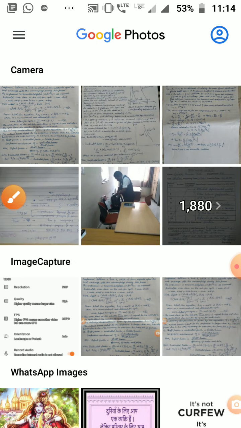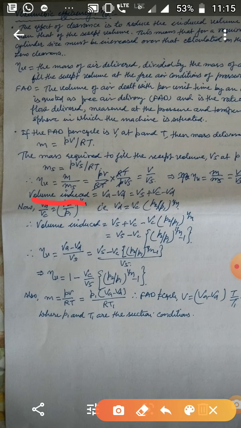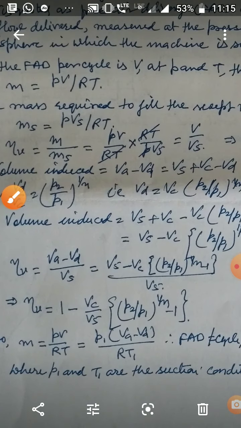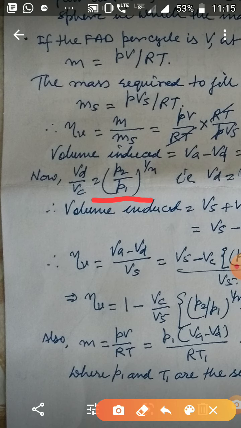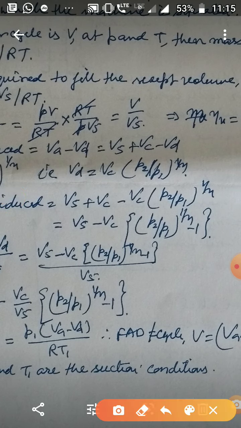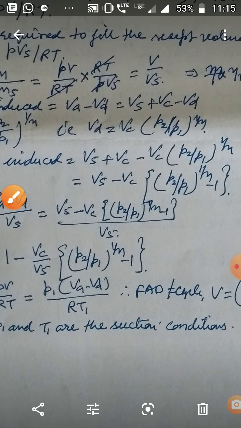So the induced volume can be written as Va minus Vd equal to Vs plus Vc minus Vd. Now the ratio of the volumes Vd by Vc can be written as (P2 by P1) whole to the power 1 upon n, that is Vd equals Vc (P2 by P1) whole to the power 1 upon n. Now the volume induced is equal to Vs plus Vc minus Vc into (P2 by P1) whole to the power 1 upon n.